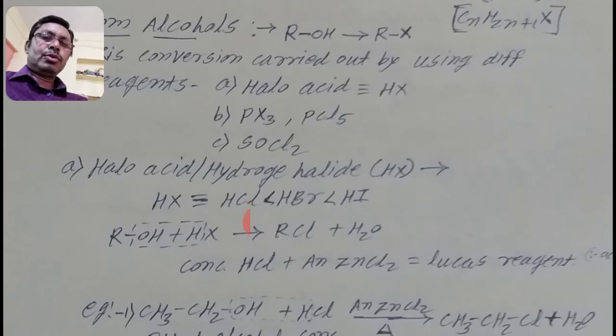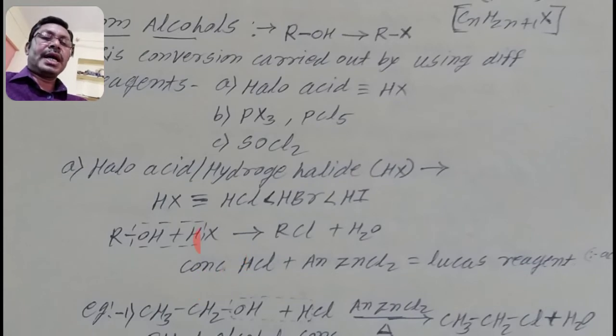To get that reaction to give the product fast, you must use a catalyst, that is anhydrous ZnCl2. And if we are using HCl, which is less reactive, then it must be concentrated, not dilute.